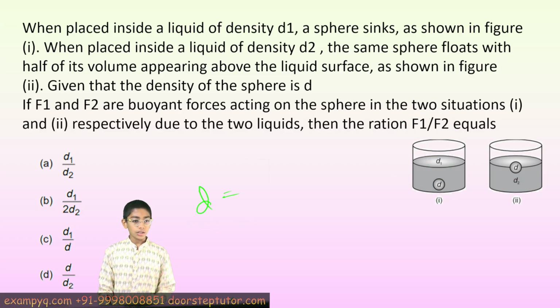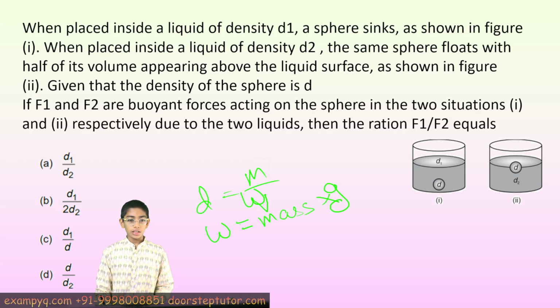Weight of the liquid displaced is equal to mass multiplied by the acceleration due to gravity. We will keep it as g because we are asked the ratio, and we will take the volume of the sphere as V.